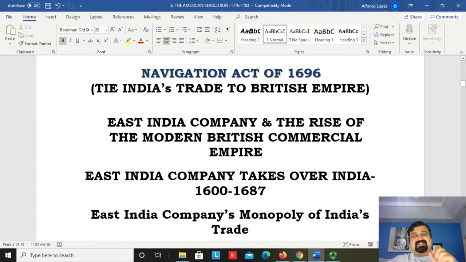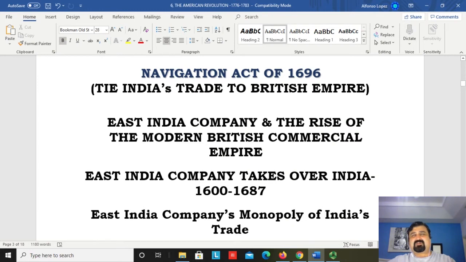So in 1696, British Parliament introduced a new Navigation Act. This Navigation Act, by the way, is going to simply concentrate on India. The Navigation Act of 1696 was intended to regulate the Indian trade, making sure that India is only going to trade with the mother country, Great Britain, to exclude other competitors, particularly the European rivals like the Dutch and the French, for example.